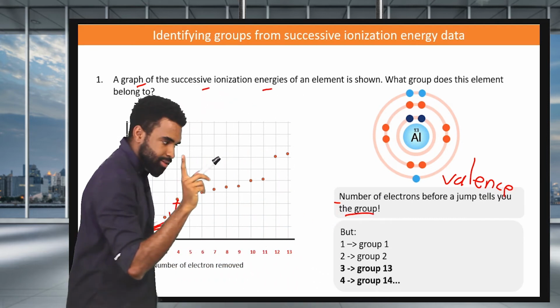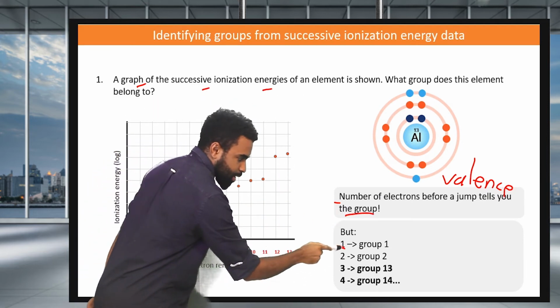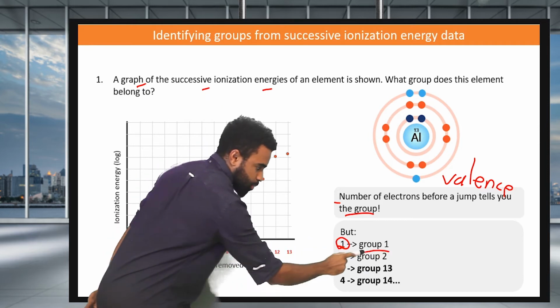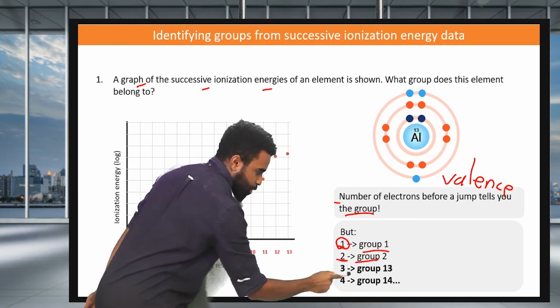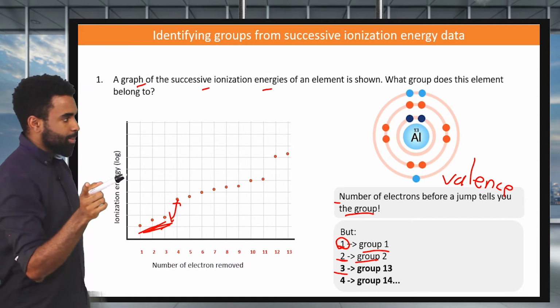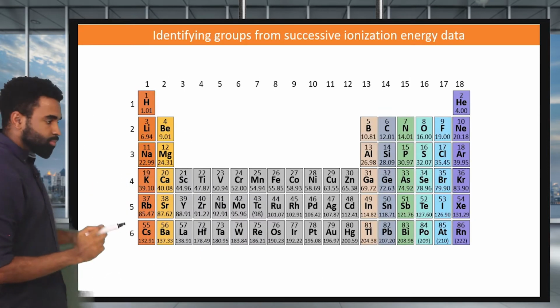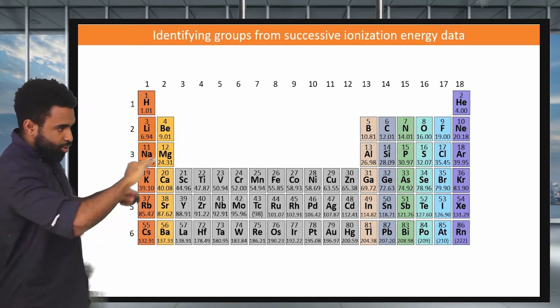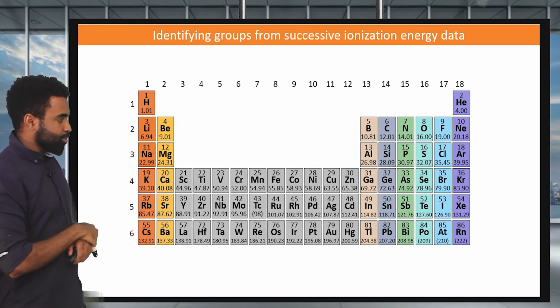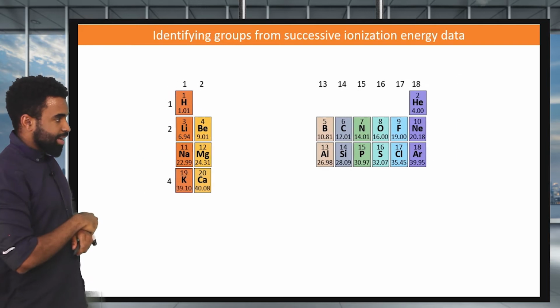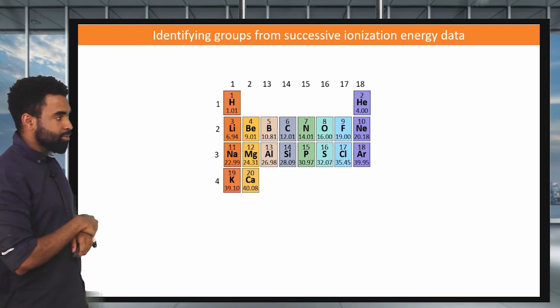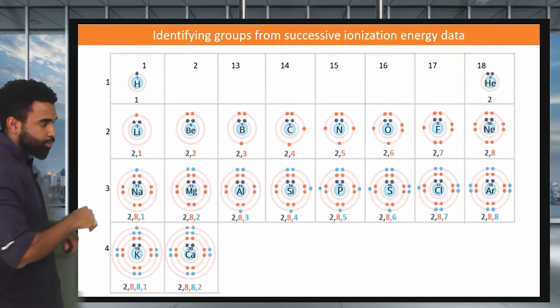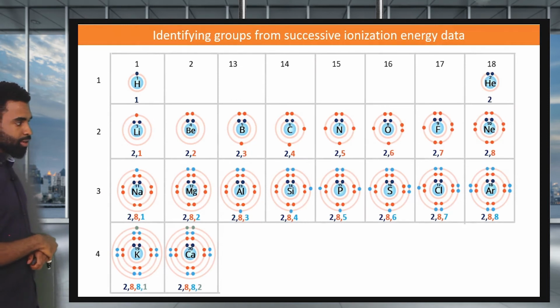But one thing to note is that 1 valence electron matches group 1, 2 valence electrons group 2, 3 is group 13. Hopefully you remember that, because for most of these questions they'll tend to ask you for the first 20 elements. So let's shrink this periodic table to the first 20 elements. And then let's represent the main level configurations for these first 20.